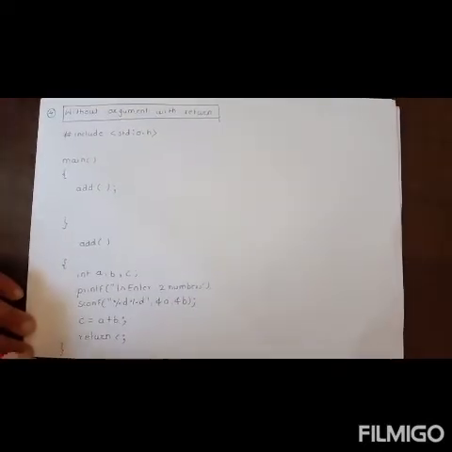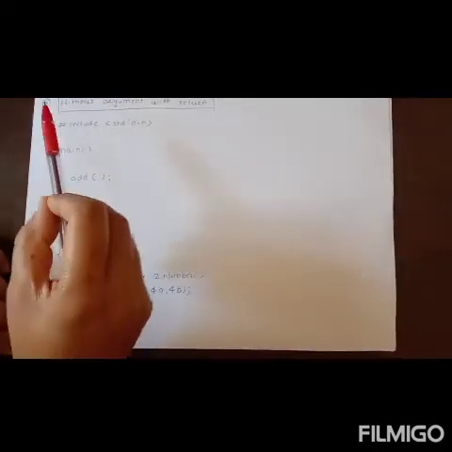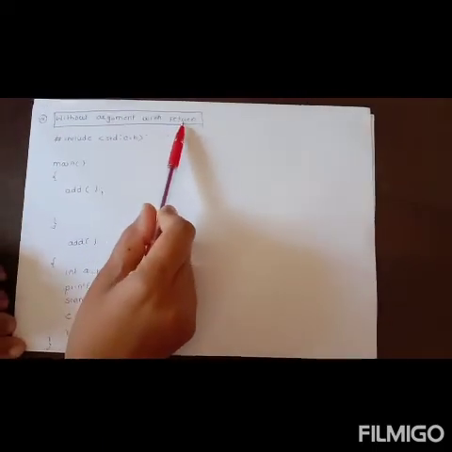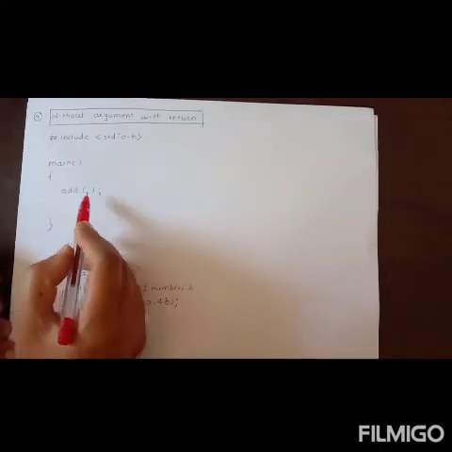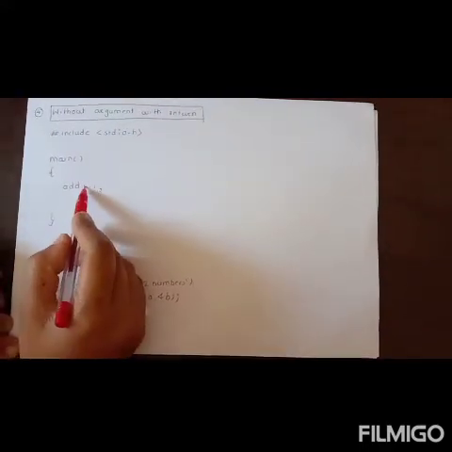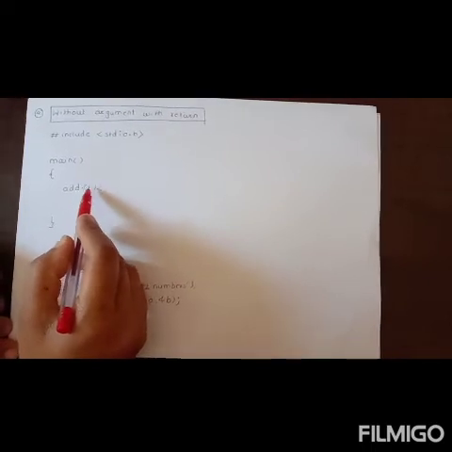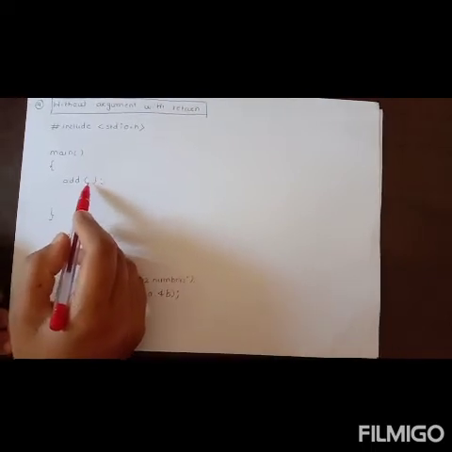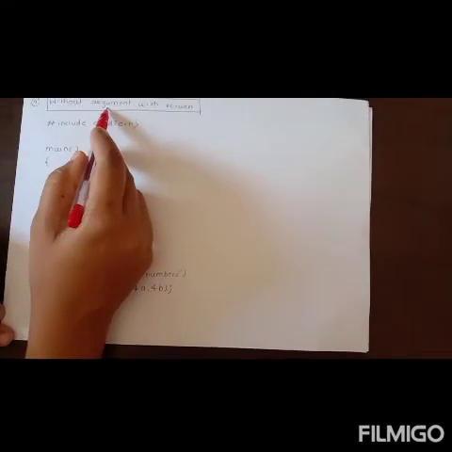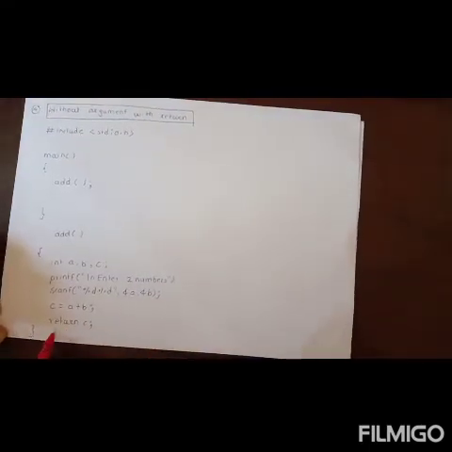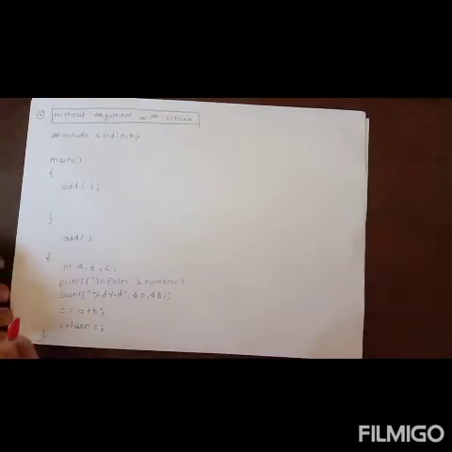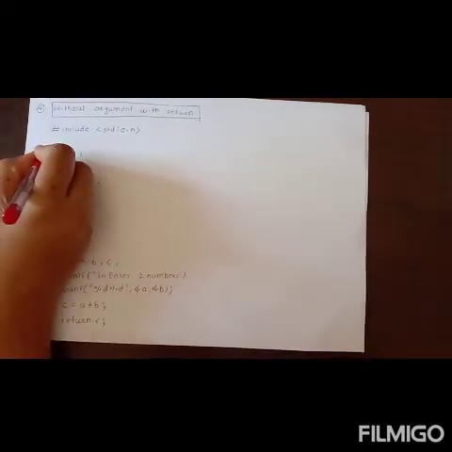Now the last category, that is without argument with return. That means now we'll understand that without argument means we are not passing anything in between this parenthesis, round bracket. So without argument, but with return means it will surely return some value to your calling function. So let us start.